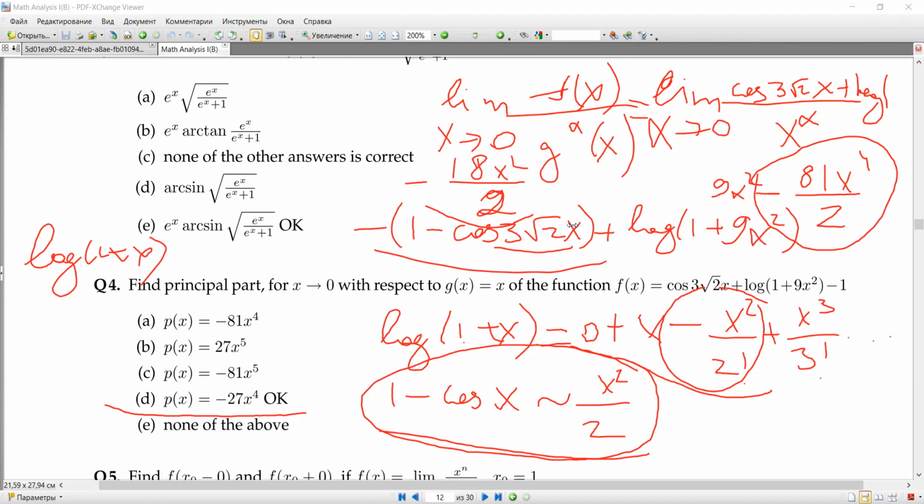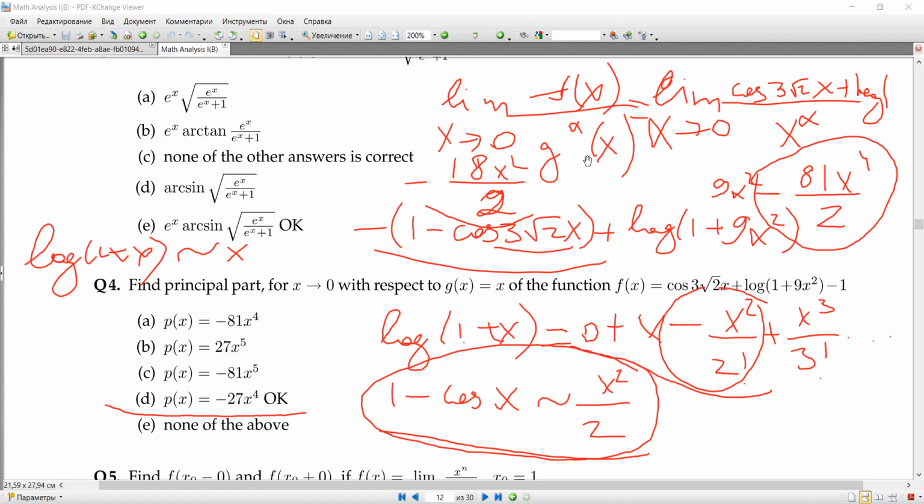But I think it will be the same. So you can see here what we have. Here we have 9x squared. Because of logarithm 1 plus x, look, Amir, 1 plus x, it's equivalent with x. If we consider here just x, we have only 9x squared.